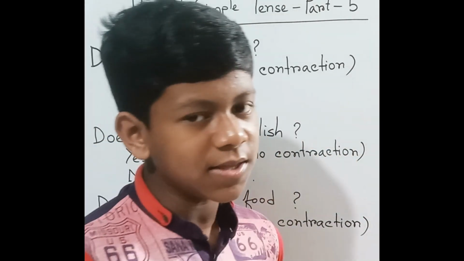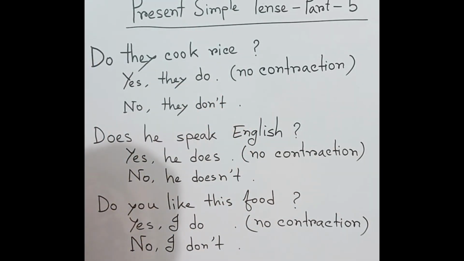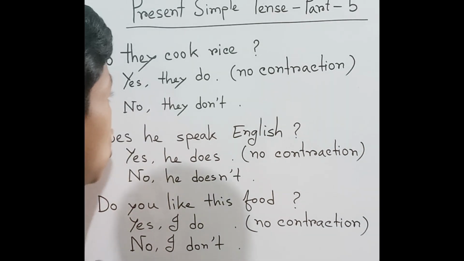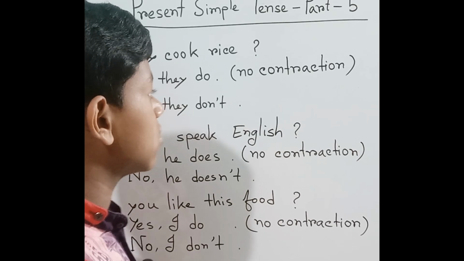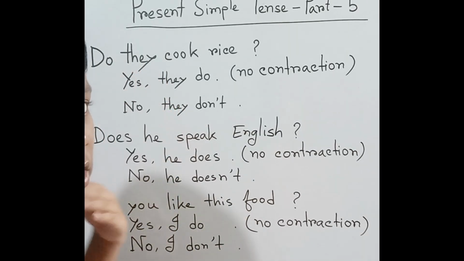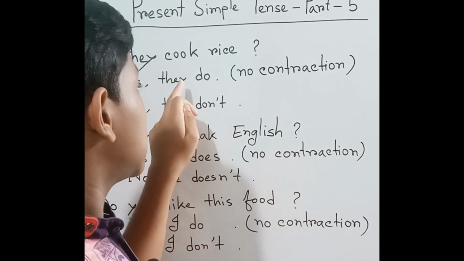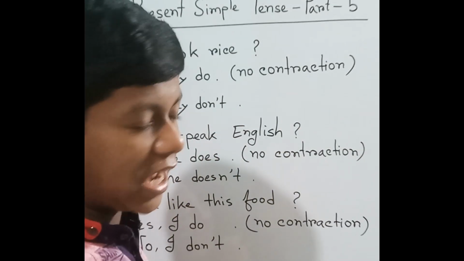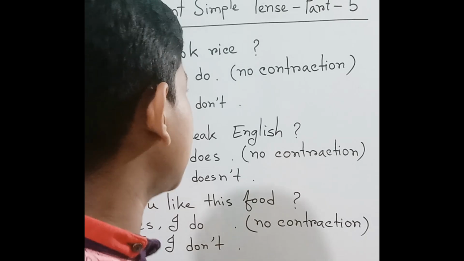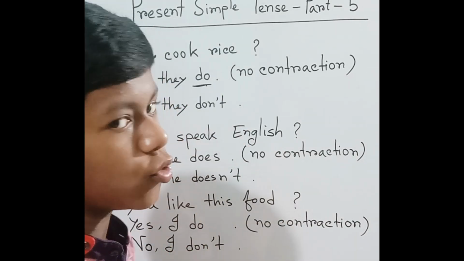So here we can see, do they cook rice? This is a question. Here we can see yes. Because the answer is positive, we say yes, they do. It isn't don't, because the answer must be do.